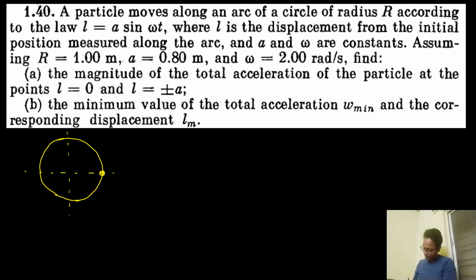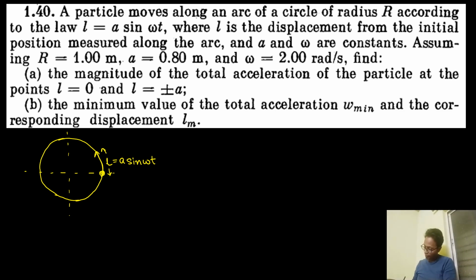Suppose the particle started out here, it moved along L distance, but L is given by a sine omega t, where t is the time.